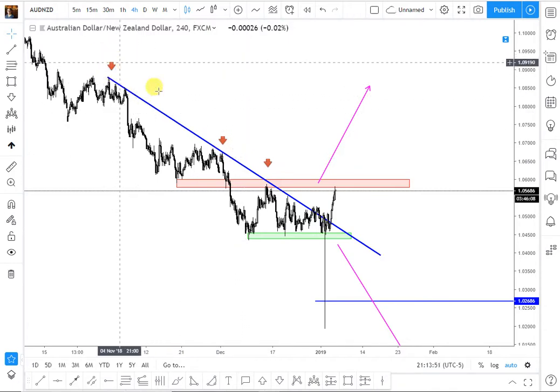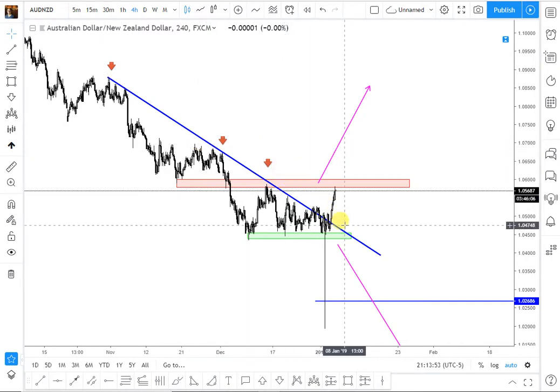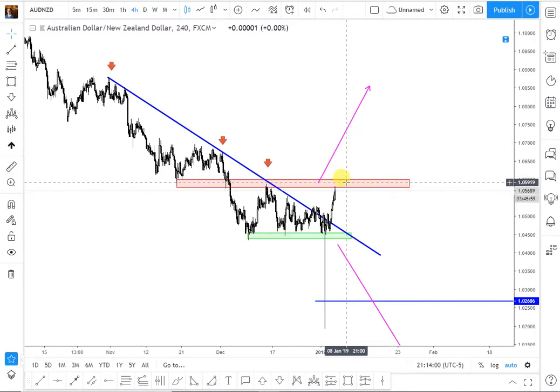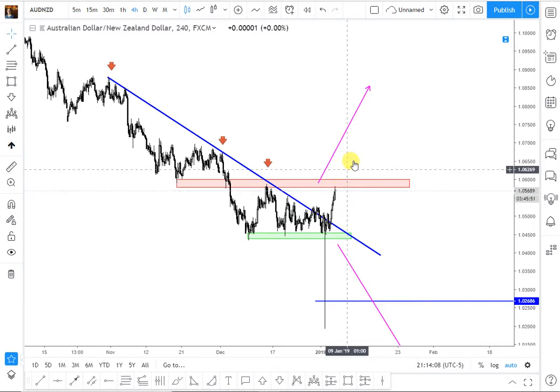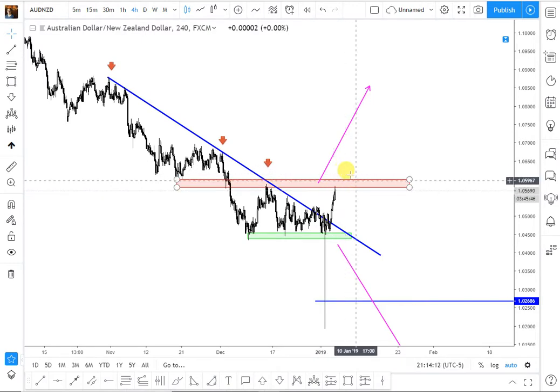It is touched first time, second time, third time, and now it's broken. So I'm waiting to break and close above this resistance channel, which broke here, and retest here, second retest. If it breaks and closes above the resistance channel, I will long this pair.